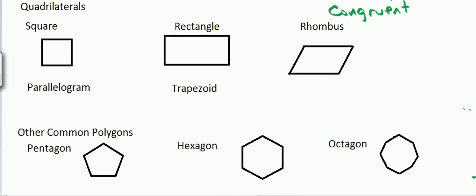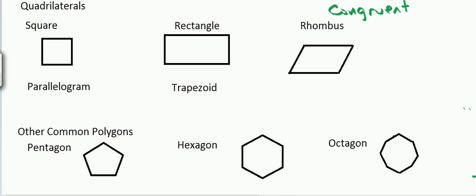Okay. Now, let's deal with quadrilaterals. The first quadrilateral means we have four sides. Quad stands for four.